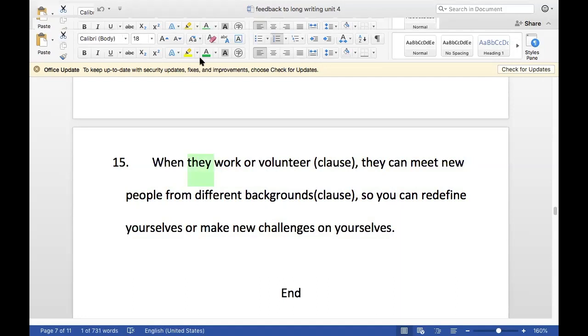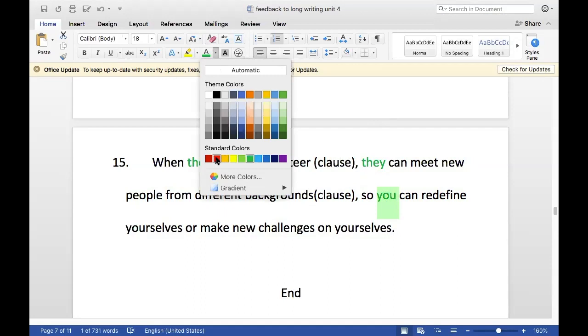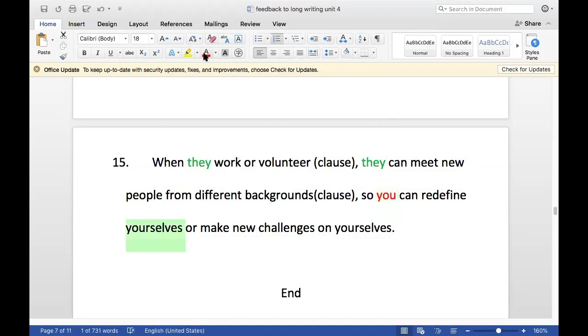You say they, right? They, third person narrative, right? They, and then suddenly you change the pronoun to you. It sounds so weird. Okay, sounds very weird.